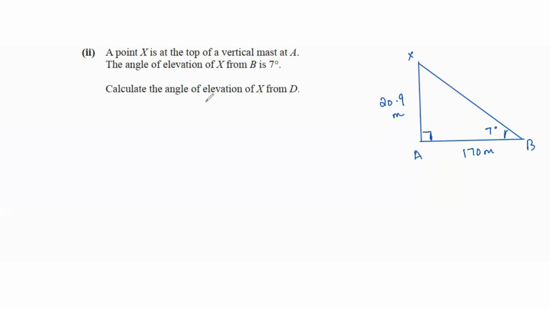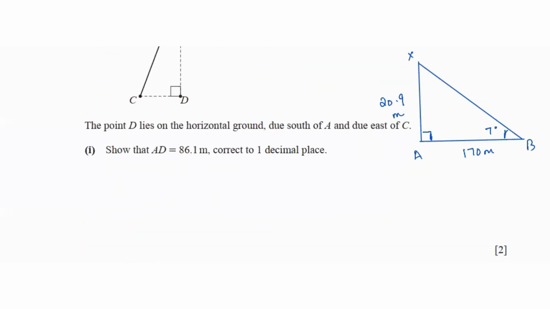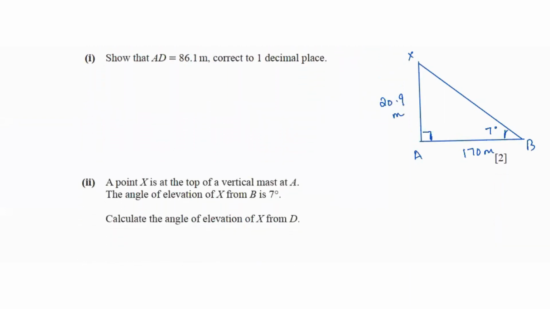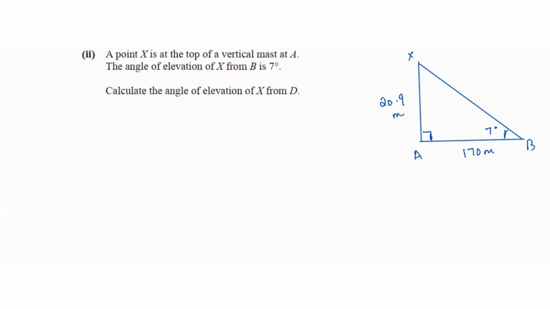They want to calculate the angle of elevation of X from D. If we go to the question, it said that point D lies on the horizontal ground due south of A. So south of A can be over here as well.